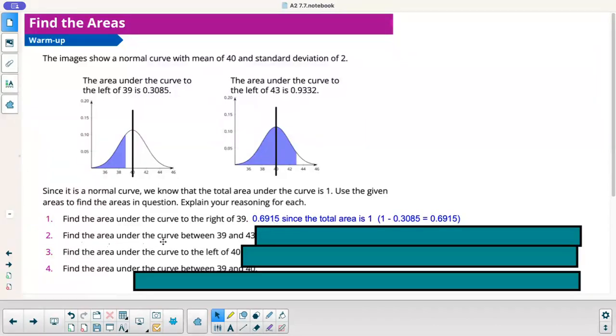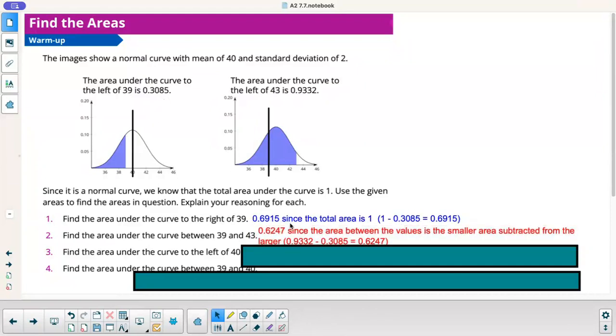Find the area under the curve between 39 and 43. So if I look here at this curve, it'd be this area right there. So I could take this area, 0.9332, and subtract that area right there, the 0.3085, and that should do it for me.